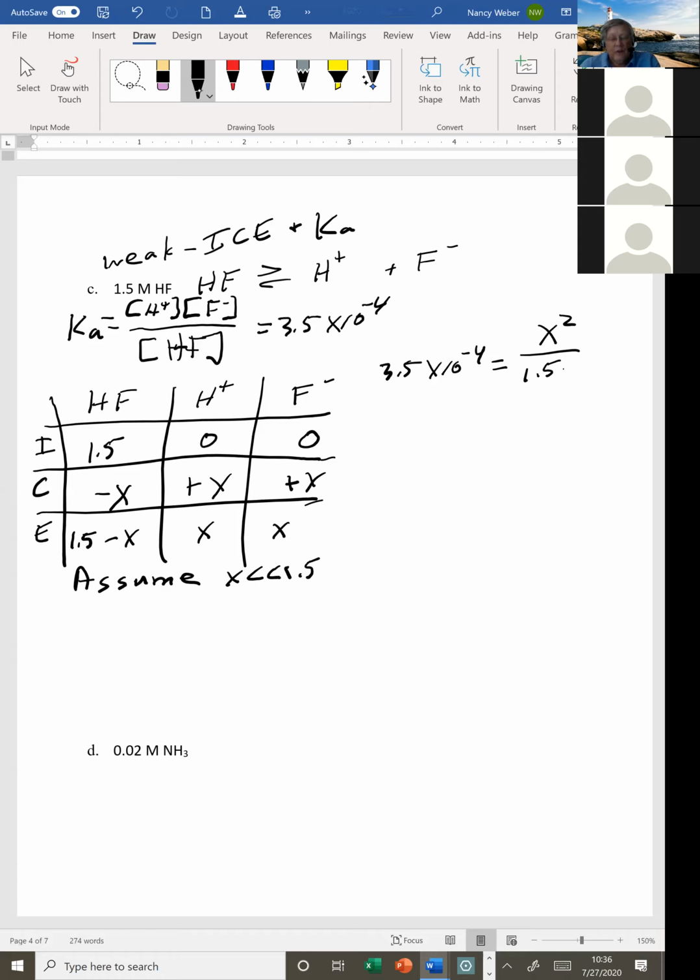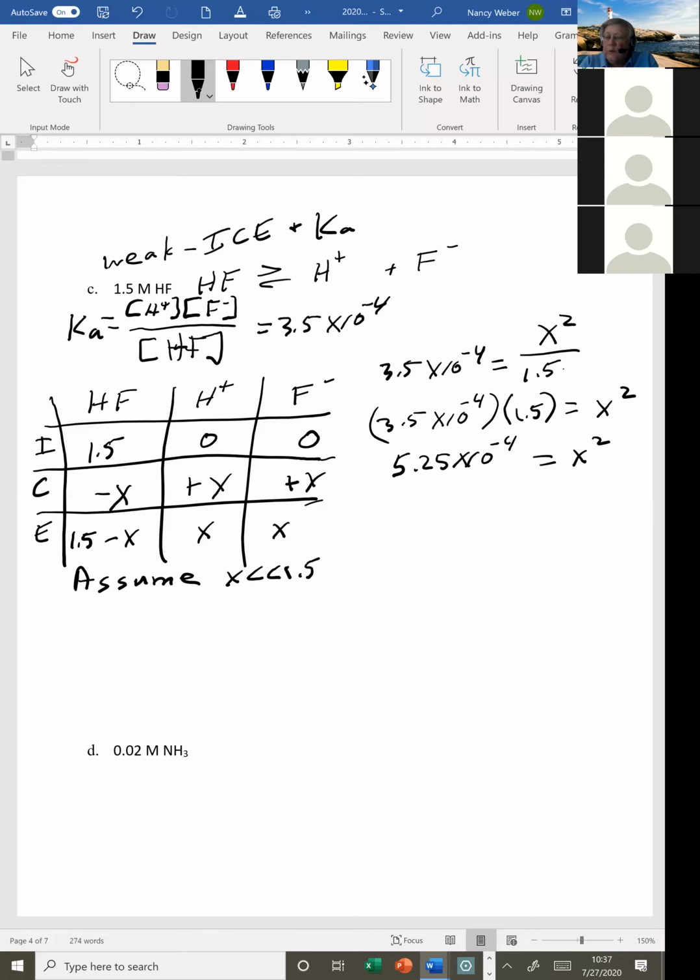And so my denominator is just going to be the 1.5. So then 3.5 times 10 to the minus 4 times 1.5 is going to equal x squared. And I've got to check my numbers, 4.25 times 10 to the minus 4 equals x squared.